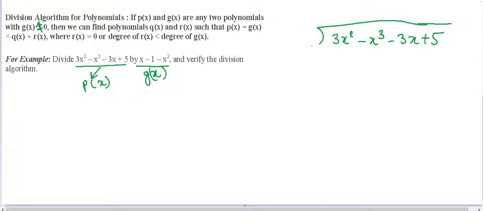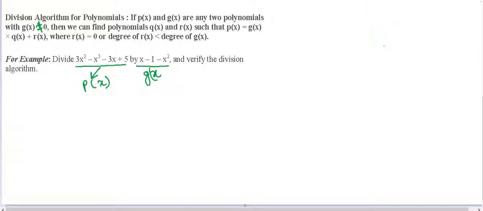If you are going to directly do it like this, it is going to be a wrong process, because the very first step of division is to write the polynomial in the descending power of their degrees. See how you'll write it. You will write this in the descending order.